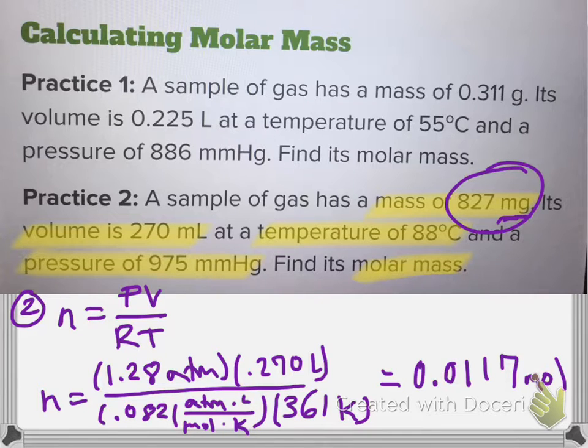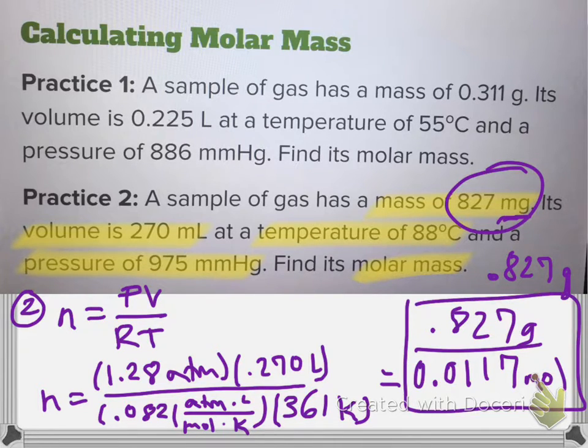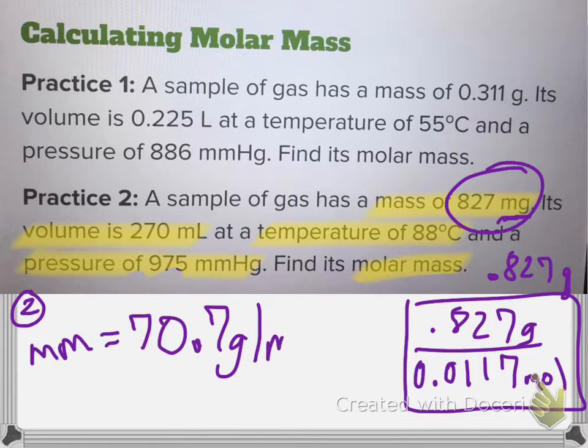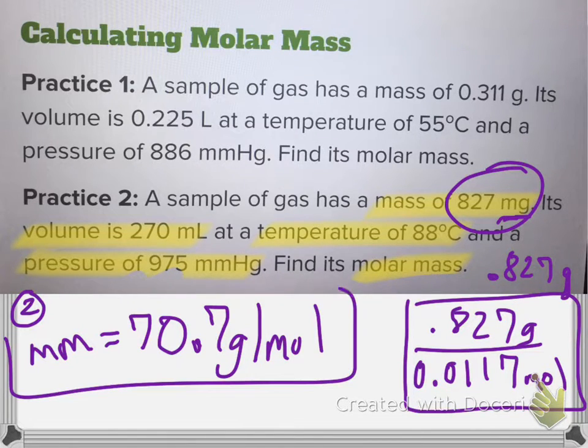Notice that the units of mass are in milligrams, so I need to divide that by 1,000, so I really have 0.827 grams. So I'm just going to do 0.827 grams divided by my moles. Plug that into your calculator. And so my molar mass equals 70.7 grams per mole. That would be our solution for number 2.